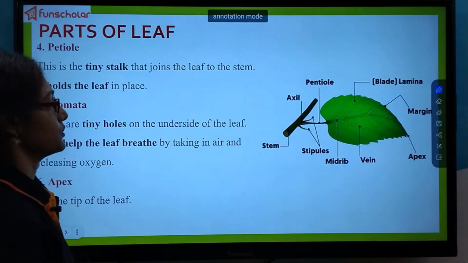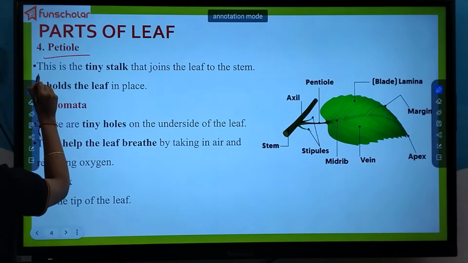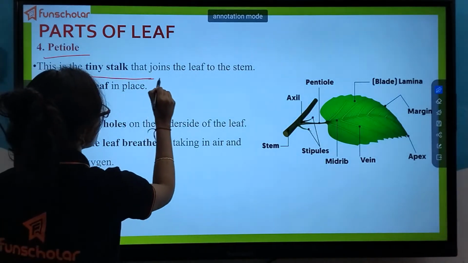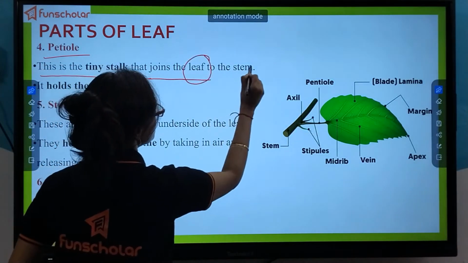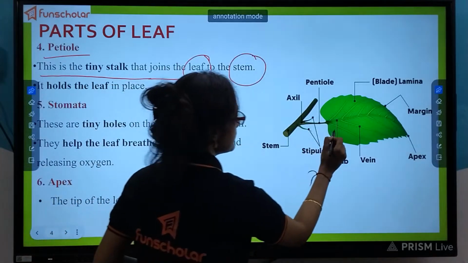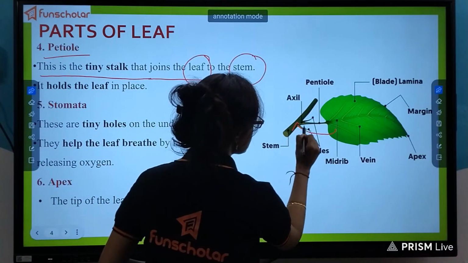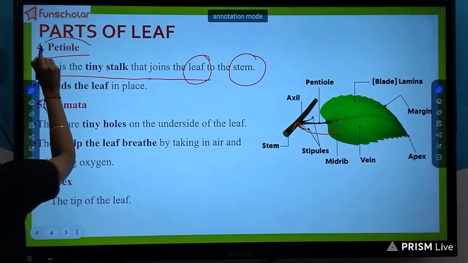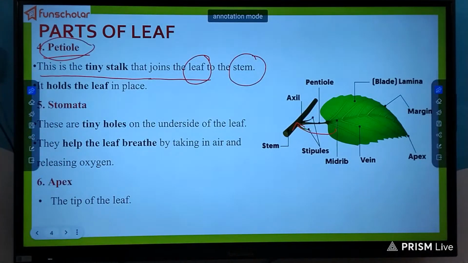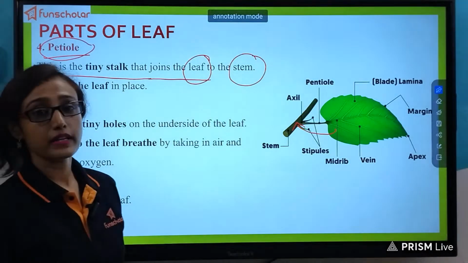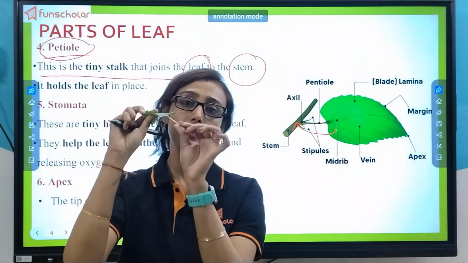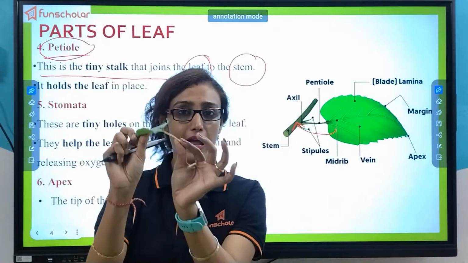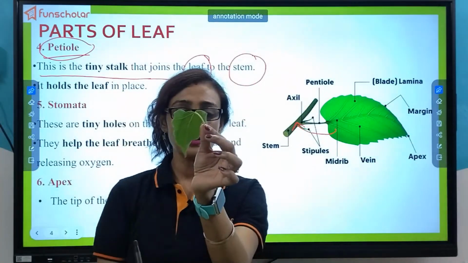Okay, now petiole. What did I say? The tiny stalk that joins the leaf to the stem is known as what? Petiole. Okay? Now why it is important? Because it holds the leaf with the plant. And what did I do?